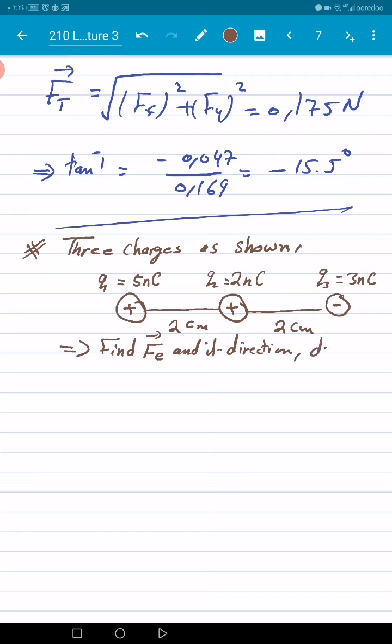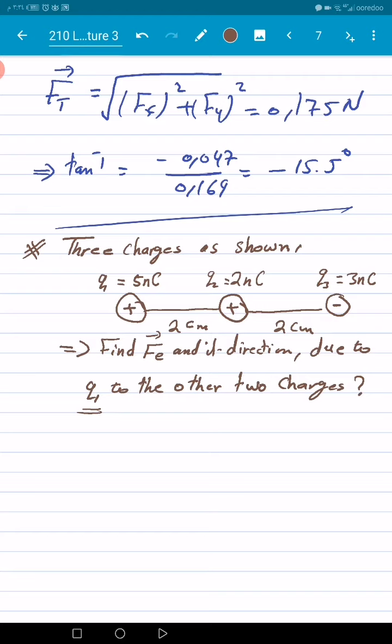due to Q1 on the other 2 charges. So please be careful about the question. Check the type of the charge, then which one is the charge that makes the effect on the others.